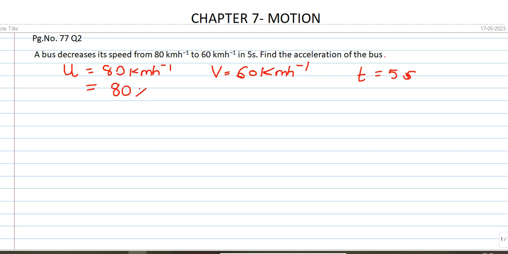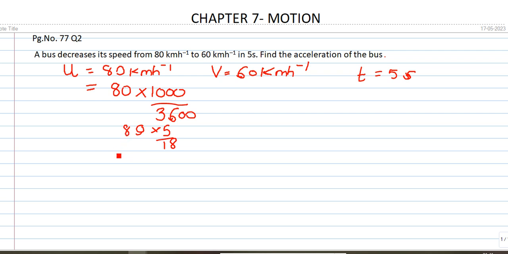The kilometer has to be converted into meters, so we multiply by 1,000, and in the denominator we have hours, which has to be converted into seconds, so we have 3,600. In other words, we multiply 80 by 5 by 18.